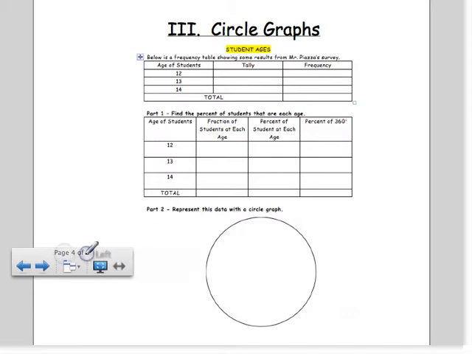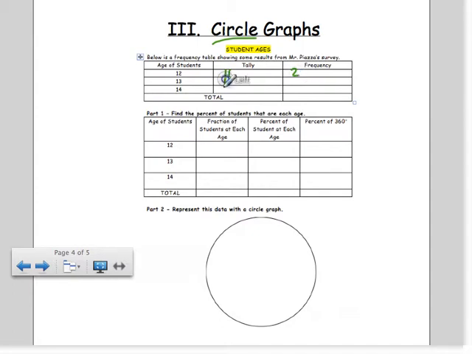Moving on to our last piece, which is the circle graph. So I'm going to give you certain data for the age of students in a class. Now we're going to pretend that we have just a class of 10 students. So in that class we might have 2 students who are 12.